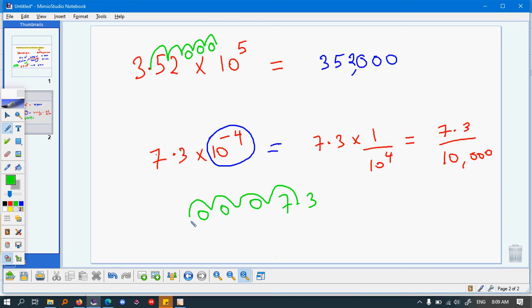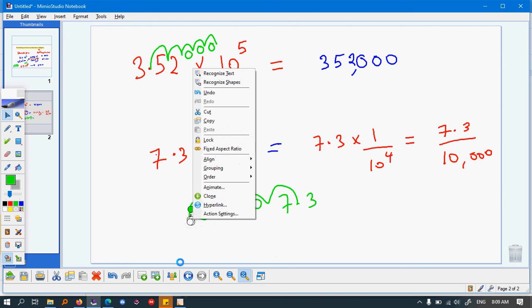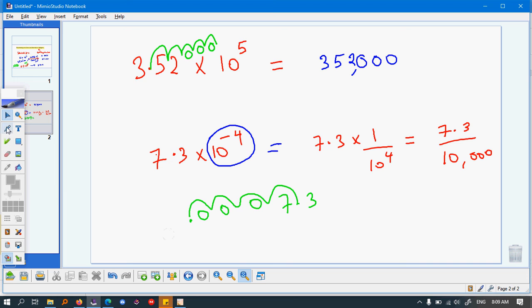Now, please note the decimal point is now here. So my answer in this case becomes 0.00073.